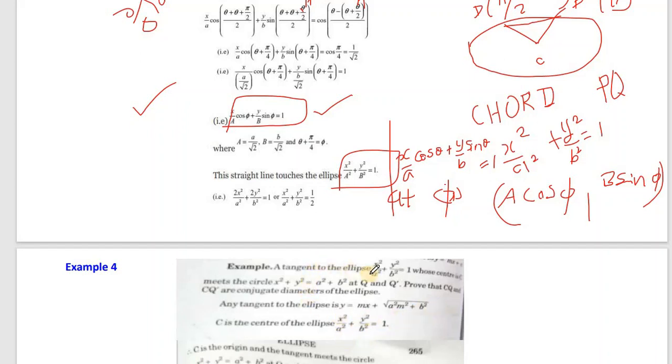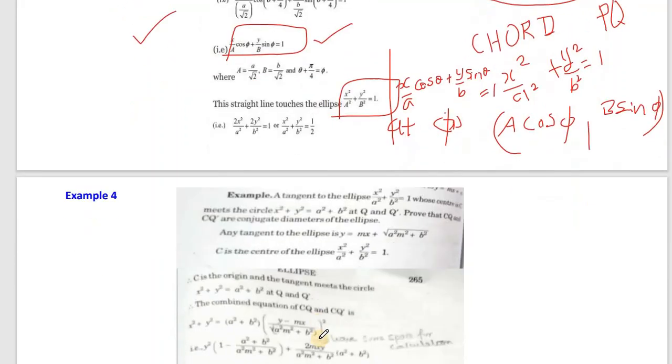Right. Now any tangent to this, like in the case of parabola, y is equal to mx plus a by m is the equation of tangent. In the case of ellipse, we have y is equal to mx plus root of a square m square plus b square. And C is the center of the ellipse.